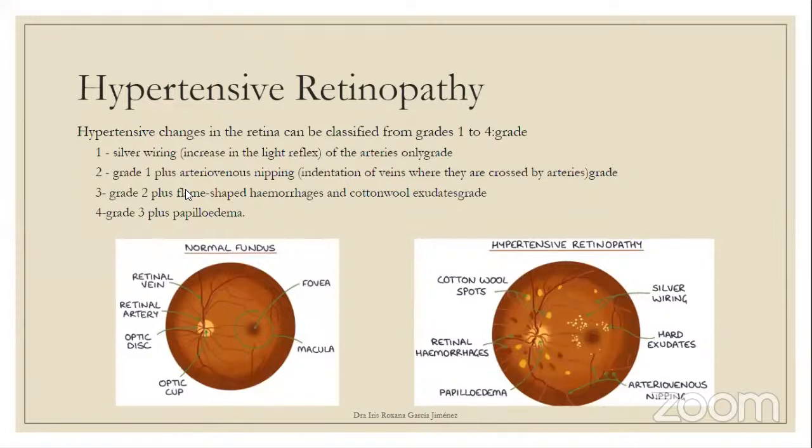Let's go to this detail, which I think is very important: hypertensive retinopathy. It's a very common situation that we had a chance to see during med school when we check into the eye, right?